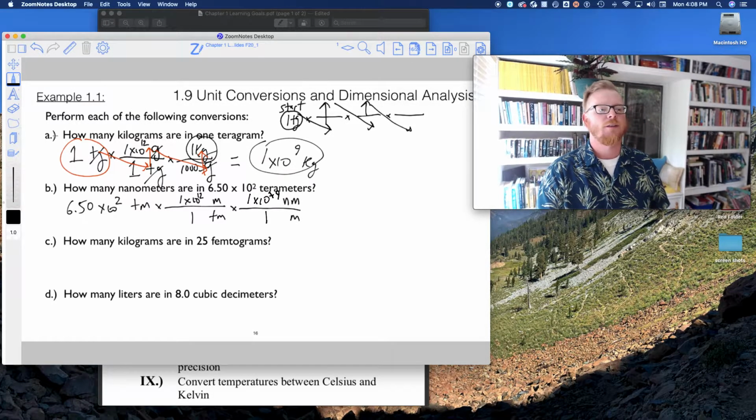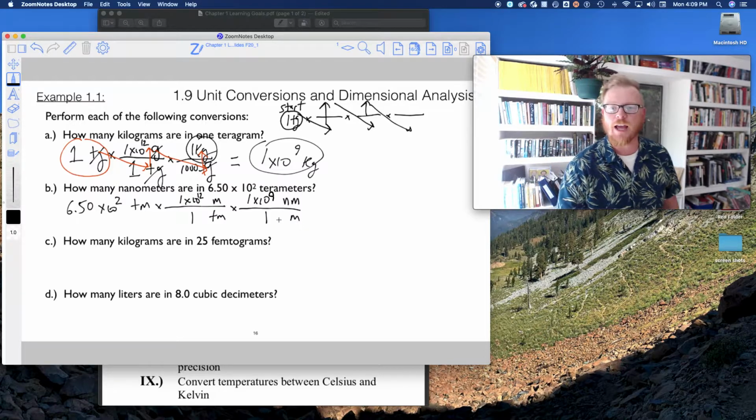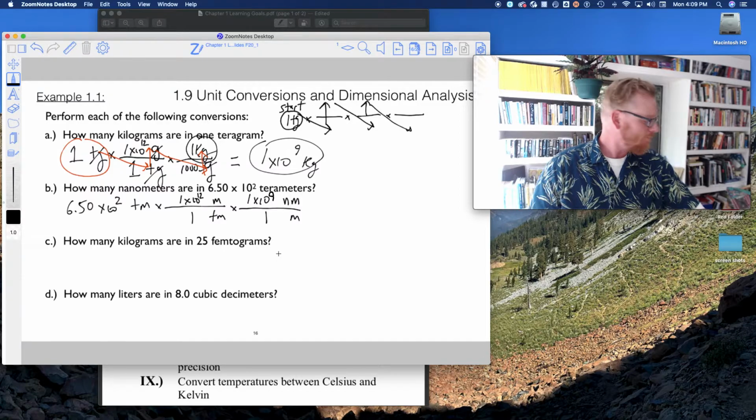Let's erase that and try again. In 1 meter, let me back up for a second: because a nanometer is small and a meter is big, there has to be a lot of these and only one of these. Sorry, I just cheated. It's the first day. I'll forgive you for your mistakes if you forgive me for mine.